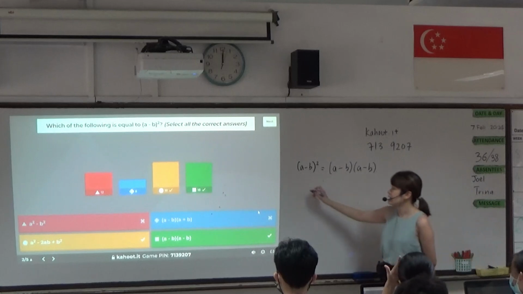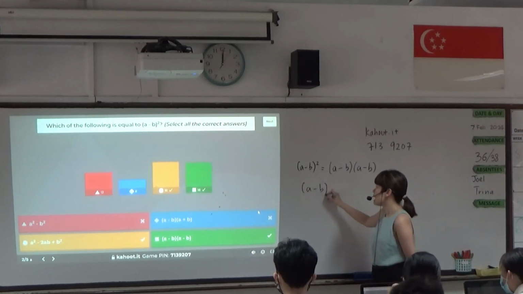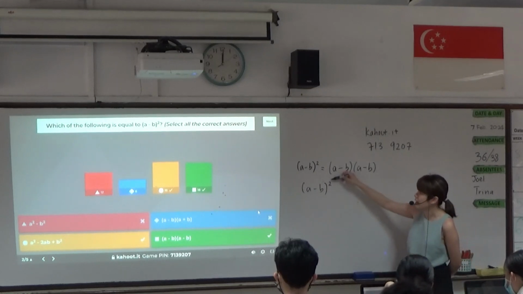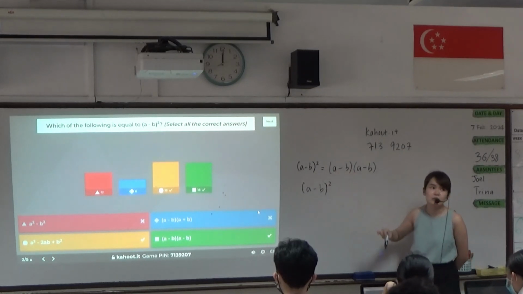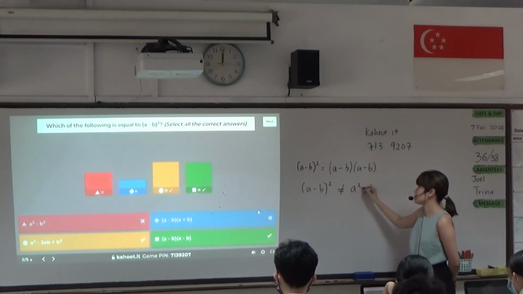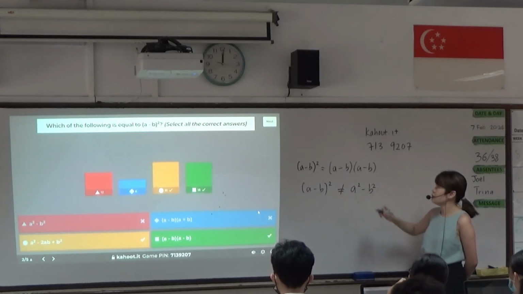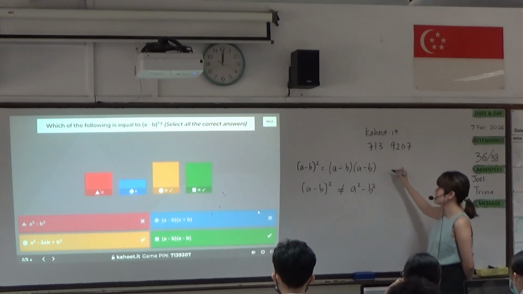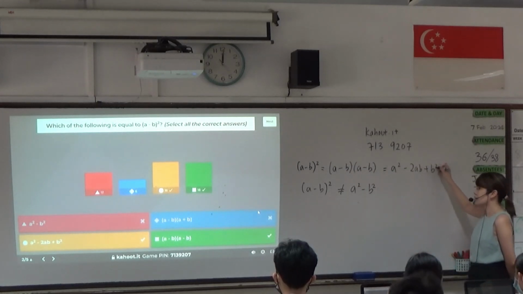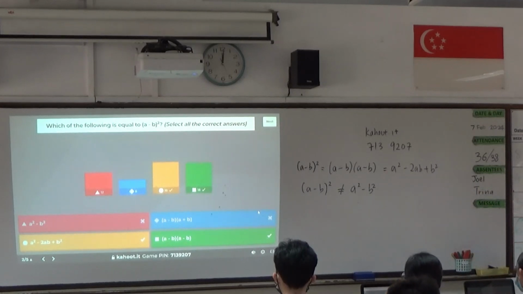And then also yesterday we addressed the fact that I cannot do a distributive law or a rainbow method for a power into the brackets. You cannot do that. So it is not equal to A squared minus B squared. If you were to do a rainbow method, you will see that it should expand out into this. So that's why the answer is the yellow one and the green one.